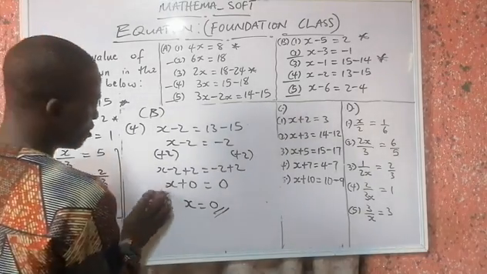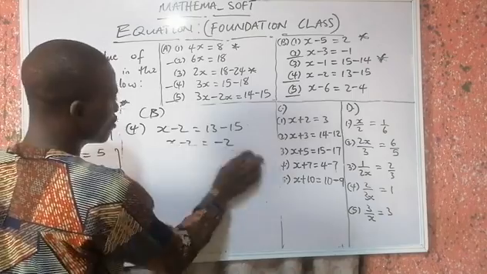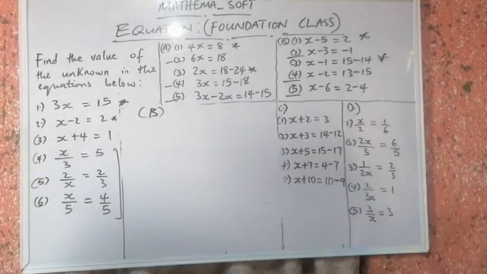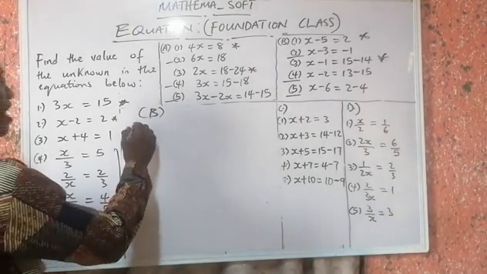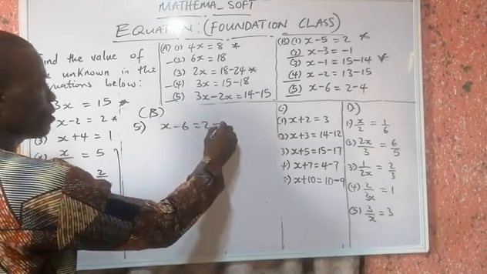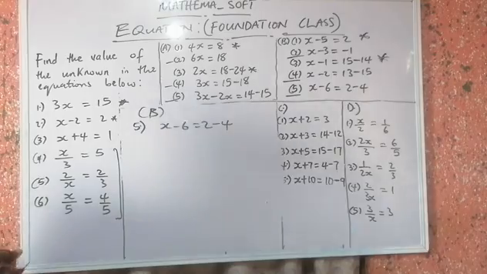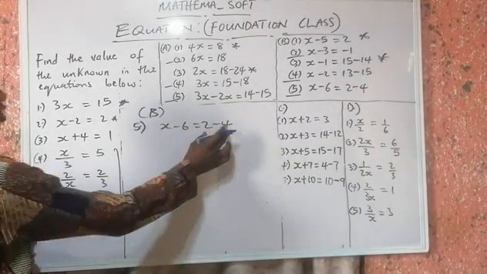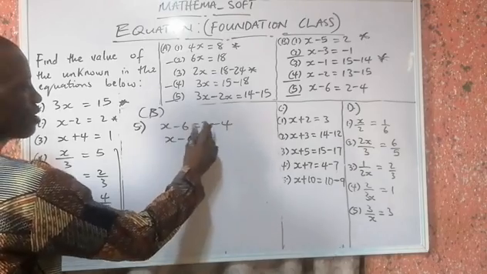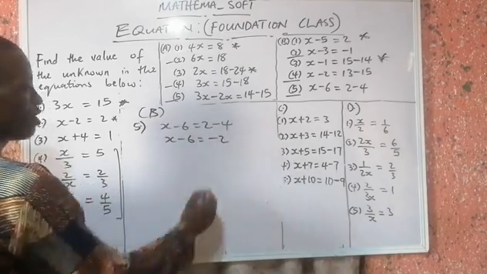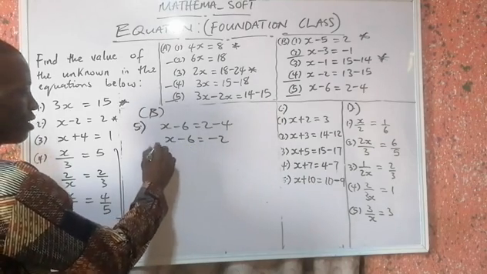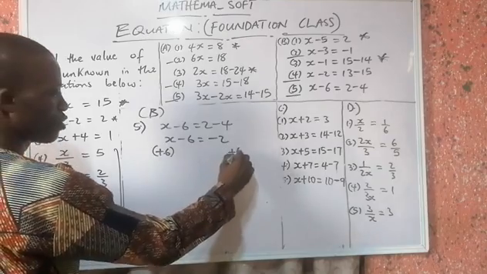Right. Let's move to the next question and the last under category B, where I have number 5, x minus 6 equals 2 minus 4. Let's first sort this out and then we come back to this. 2 minus 4 will give me minus 2. Removing this minus 6 will be by using plus 6 on both sides.